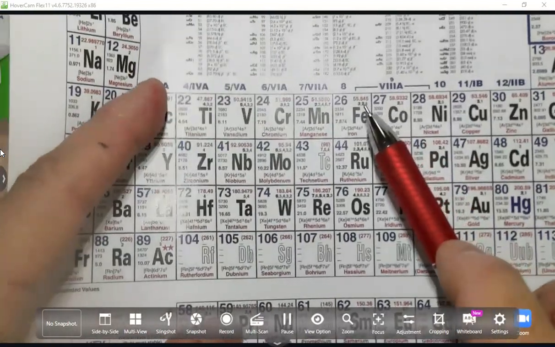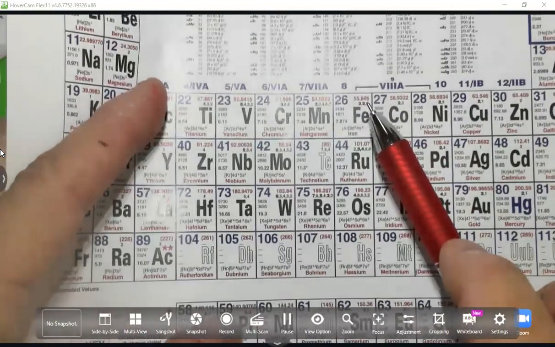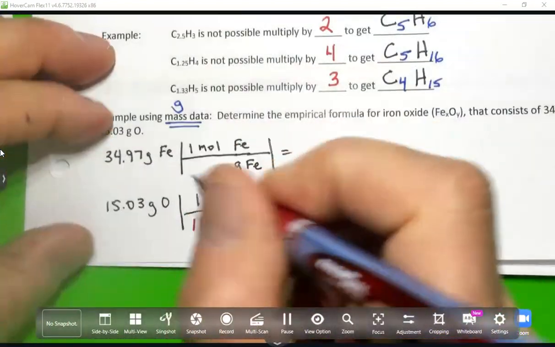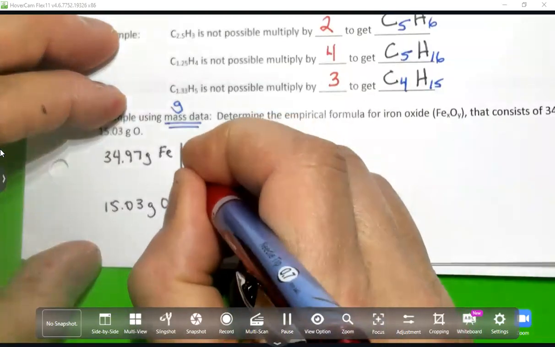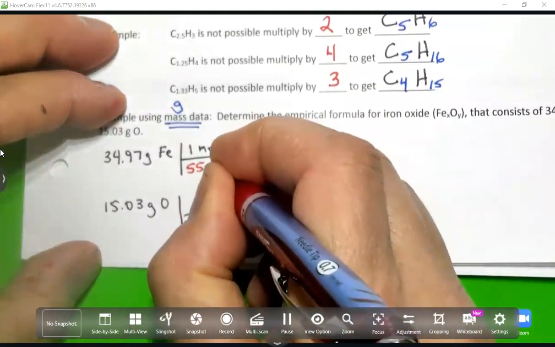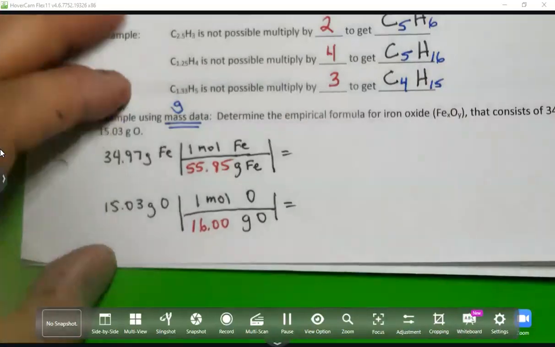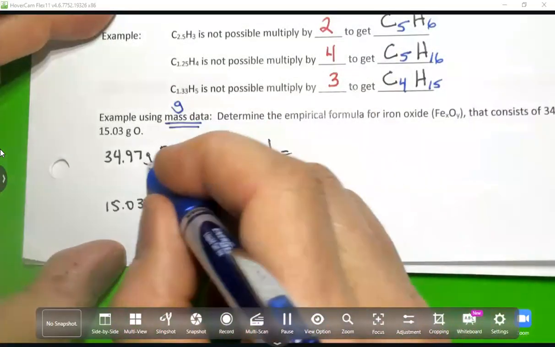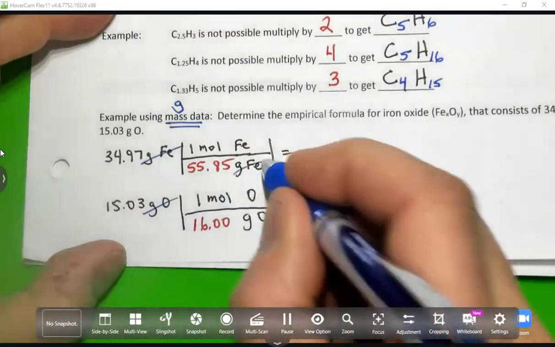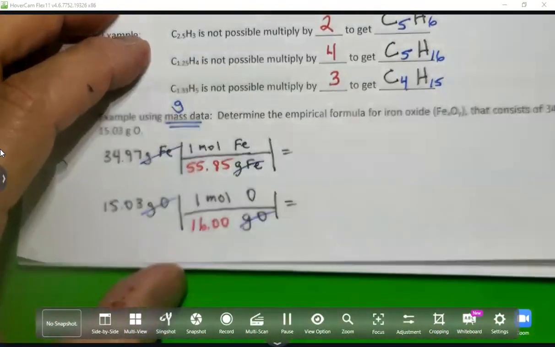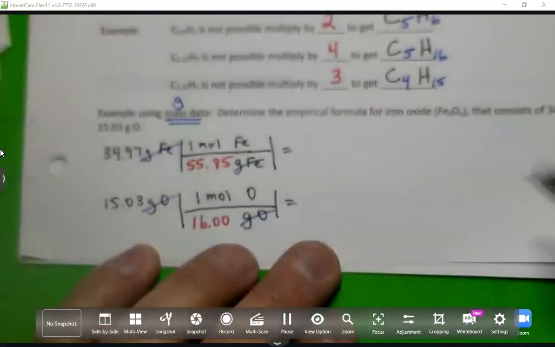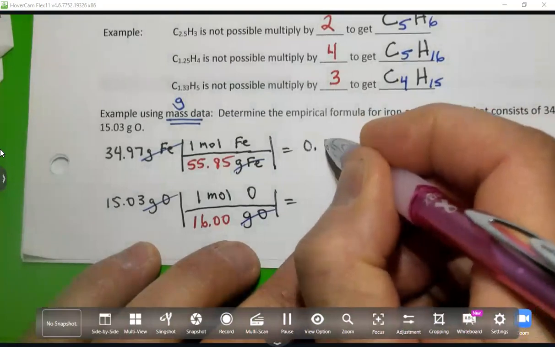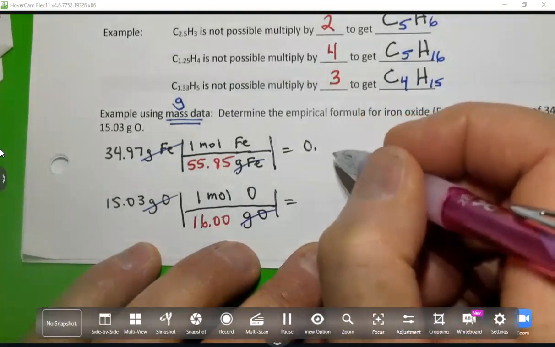And we're going to get 55.85. What do we have here? 4 sig figs for everything, right?